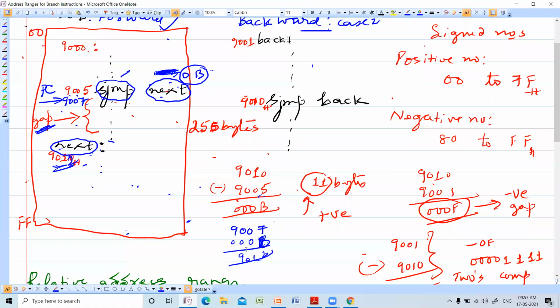SJMP next, in that next you write that particular gap. By adding that gap, you get exactly where the branching has to be performed. Now I am asking you in the chat box, have you understood the concept of relative addressing? Very important.